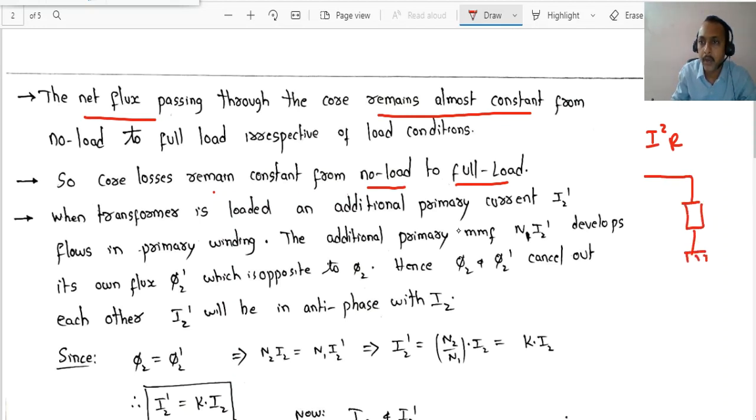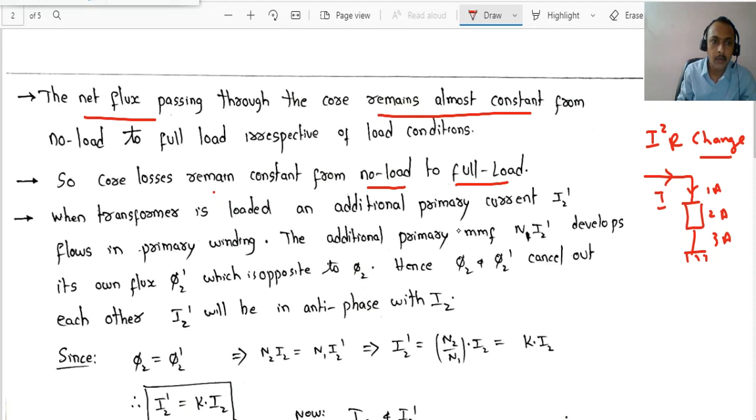For example, whether the load is drawing 1 amp, 2 amps or 3 amps, this I square R loss will change. But the hysteresis and eddy current losses, the core losses, will remain constant. Depending upon the load, the current drawn will change. If I changes, I square R also will change. That is what you have to remember.